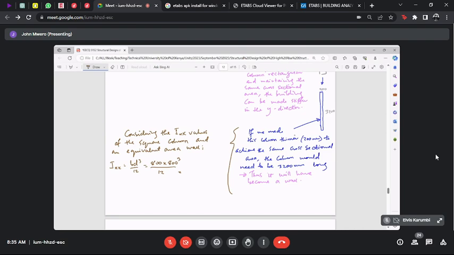This is 3.4 times 10 to the power 10 millimeter to the power 4. If we made the wall, if we convert it just by rearranging, then we would have 200 by 3,200 cubed over 12.